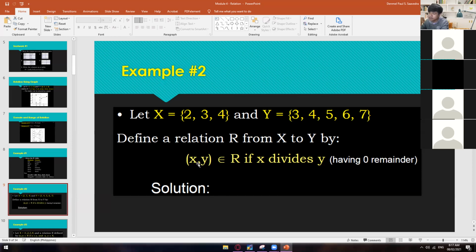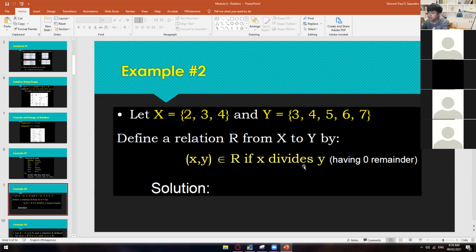Okay, so we can say that (x, y) is an element of R if x divides y, having 0 remainder. So in here we have another condition wherein for us to be able to build a relation, or a binary relation, we should come up with x divides y having a 0 remainder.